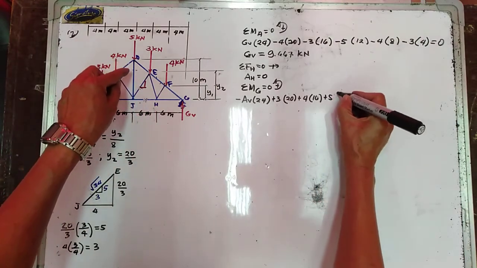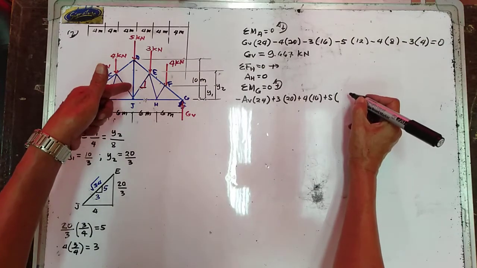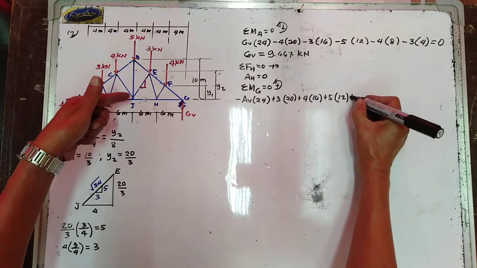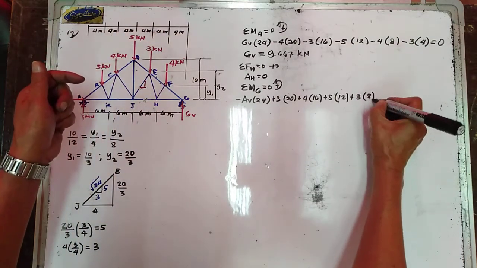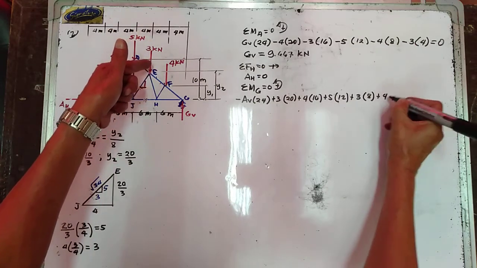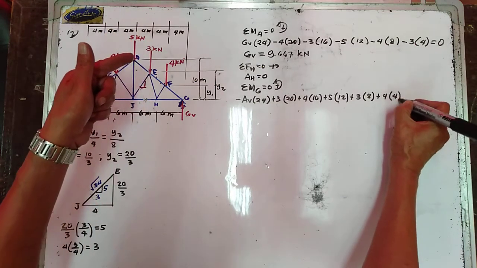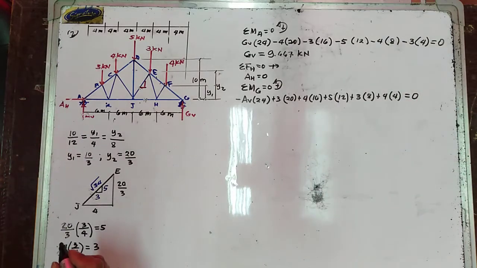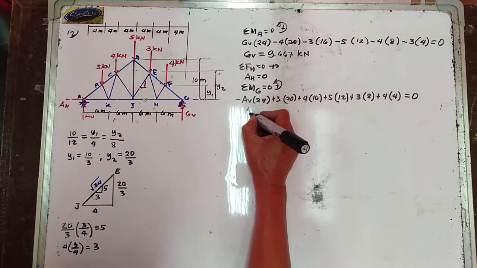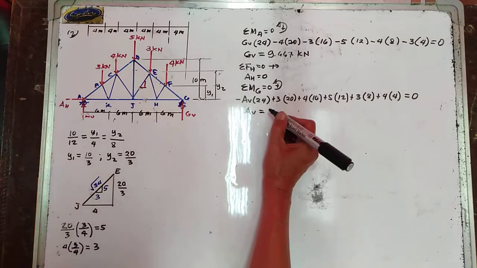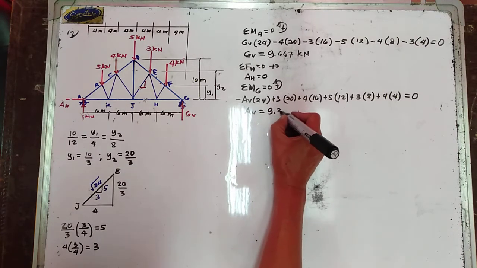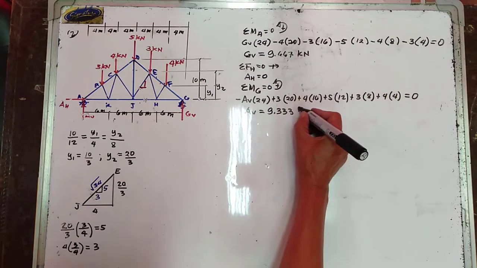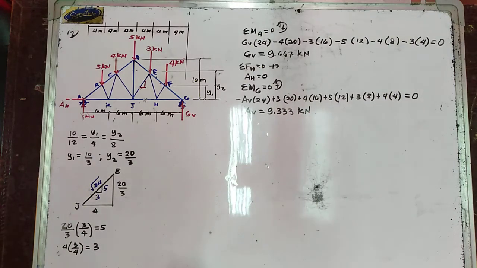Plus 5, multiply this one by 12. Plus 3, multiply this one by 8. Plus 4, multiply this one by 4 is equal to 0. So your A vertical is now equal to 9.333 kilonewtons.